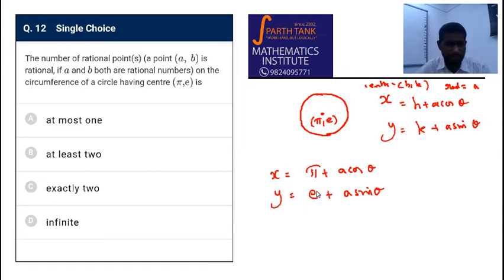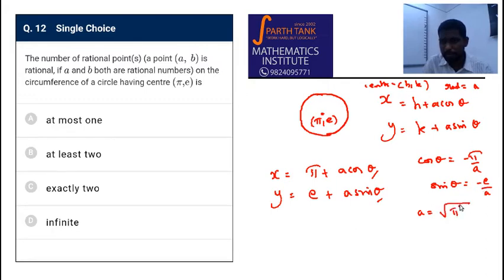However, is it possible to have at least one point? Now I would say that question depends on whether I can make both of these 0, I mean x and y equal to 0. That is the solution, right? For example, if I take cos theta equal to minus pi by a and sin theta equal to minus e by a, which means that a should be equal to, if you make the sum of the squares, you get a cos theta is minus pi, a sin theta is minus e, so a should be the square root of pi squared plus e squared.